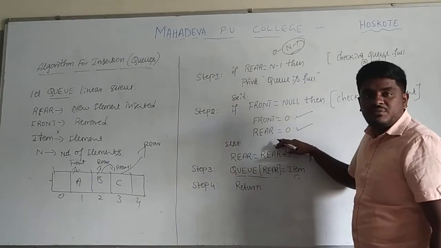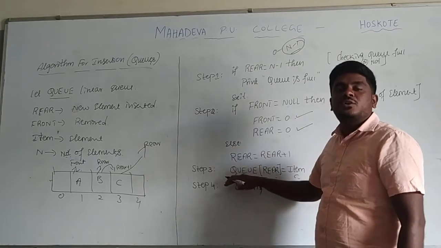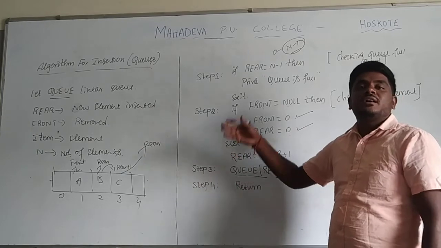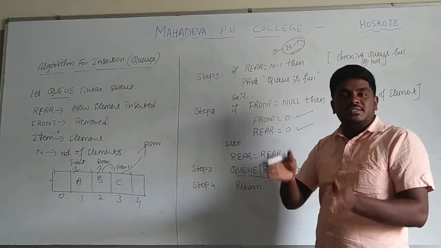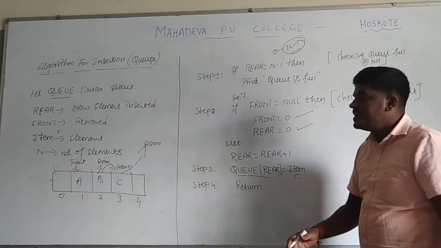If this condition is false, then rear is equal to rear plus 1. Queue has elements, so we need to increment the position. Already we have an element, so we can't insert in the same position. That's why we need to create a new position, that is called rear is equal to rear plus 1.